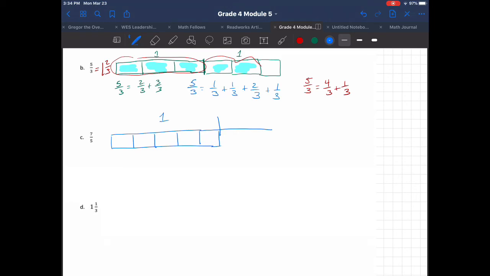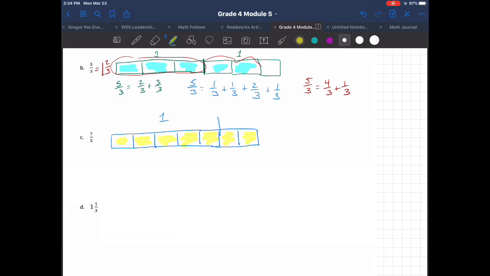That is where 1 is. 6/5, 7/5. Okay, so I'll shade in the 7/5. 1, 2, 3, 4, 5, 6, 7/5.